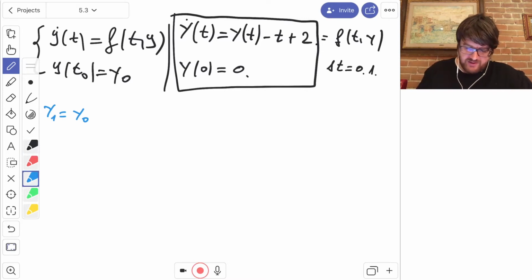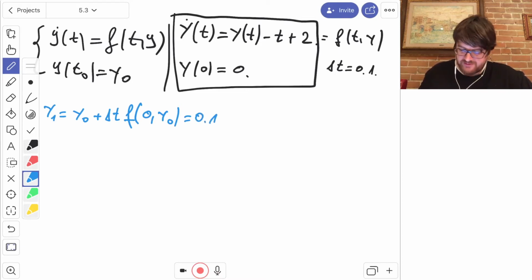So y1 equals y0 plus delta t f of 0 and y0, right? So y0 is 0, delta t is 0.1, and f of 0 and y0 is y0, which is 0, minus t0, which is 0, plus 2. So it's going to be 0.2.